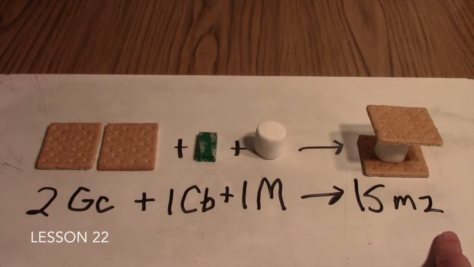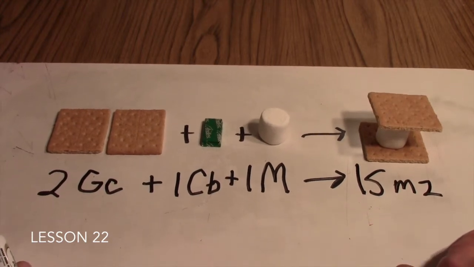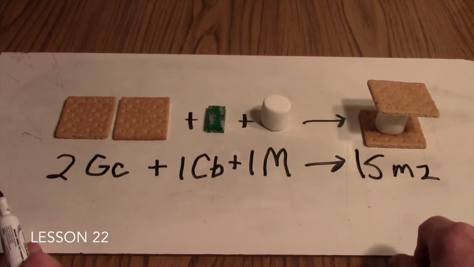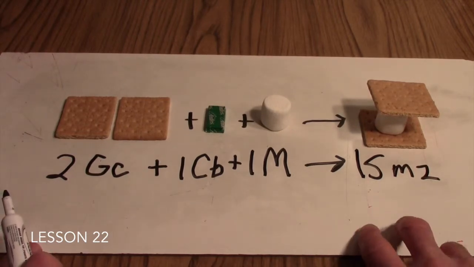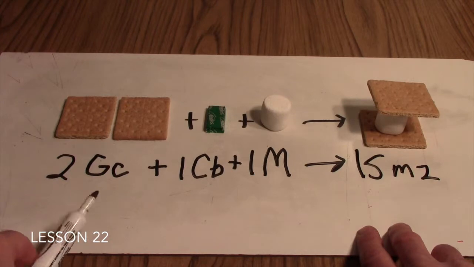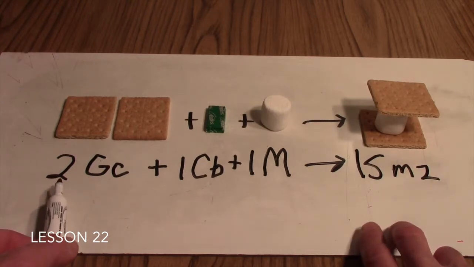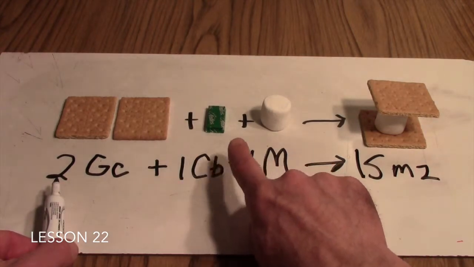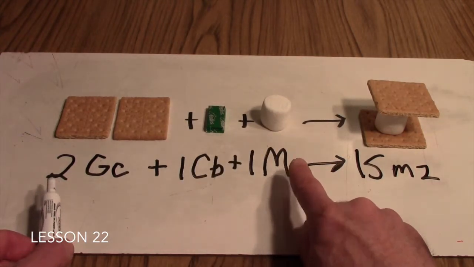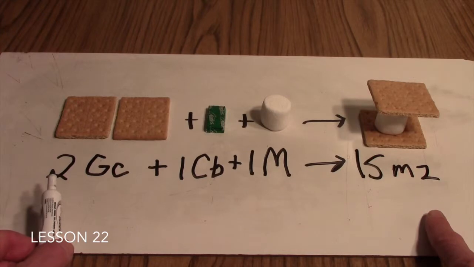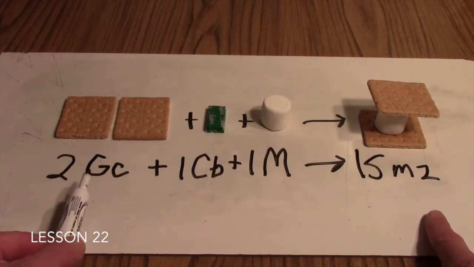Now here comes the stoichiometry part, and you don't even have to mention the word stoichiometry yet, but just ask them, suppose we had 4 graham crackers and enough chocolate bars and enough marshmallows, how many s'mores could we make if we have double the amount of graham crackers here?